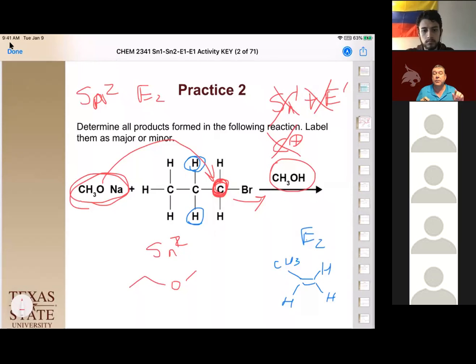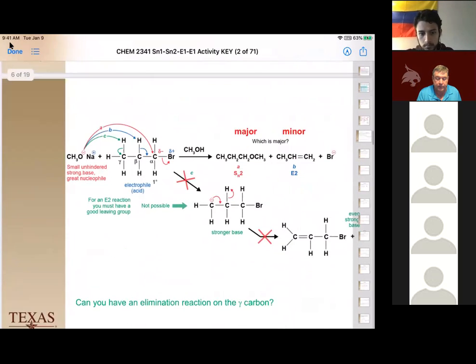Now, because we have a small, good nucleophile, and we have a primary halide, that's going to suggest our substitution product is going to be our major product, and our elimination product is going to be our minor product. Okay, and there we go.